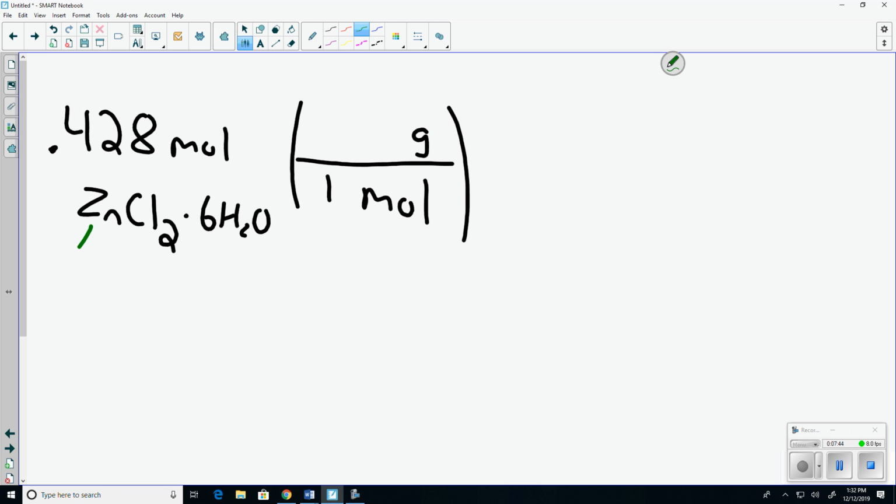If I look at the periodic table for zinc, was that 65.41? I look at the periodic table for chlorine, 35.45. Decker, why don't you have these memorized by now? Okay. But there's 2 of them, so I'm going to multiply by 2.